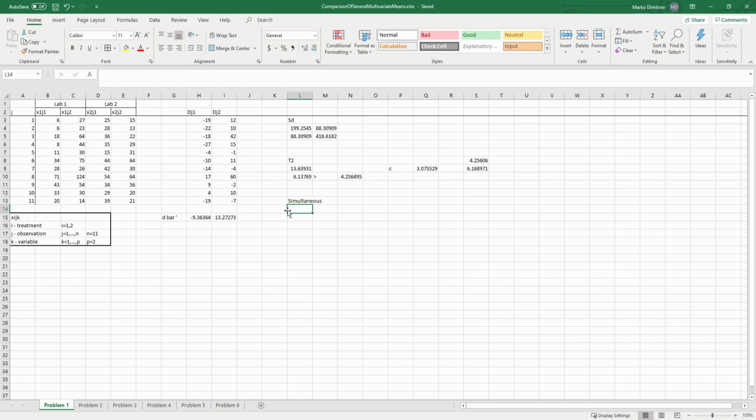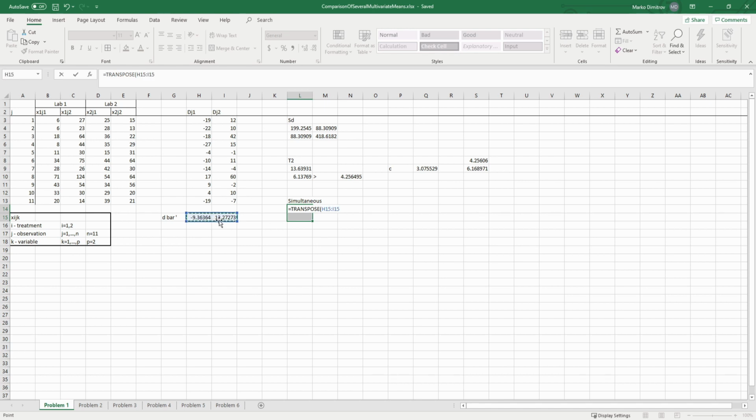For Bonferroni, we would need the t-value. To avoid complicated computations, we can use matrix multiplication.